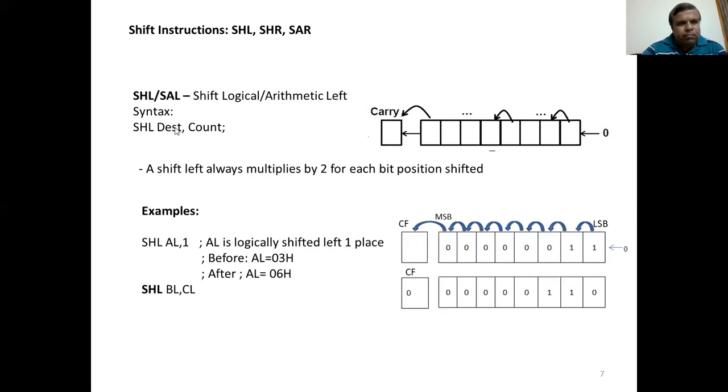This diagram shows the operation of the SHL or SAL instruction. If you observe, as the bits are shifted out of the destination operand, 0 is stored in the LSB position, and the MSB is shifted into the carry flag.